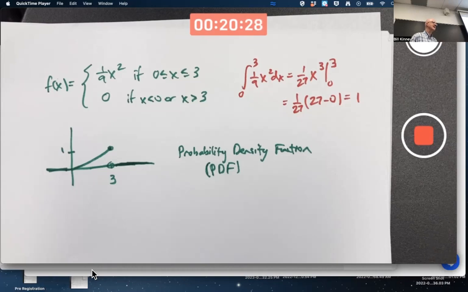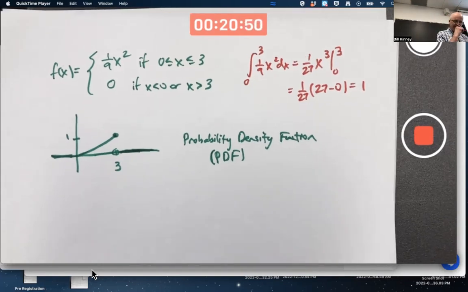Mathematicians, statisticians, scientists, engineers, actuarial scientists, they all use probability density functions if they're doing advanced applications of calculus all the time. Now, they may not always be thinking about the calculus, but it's always in the background.